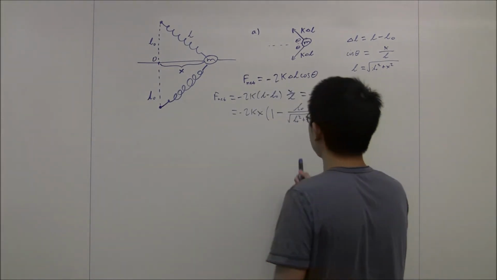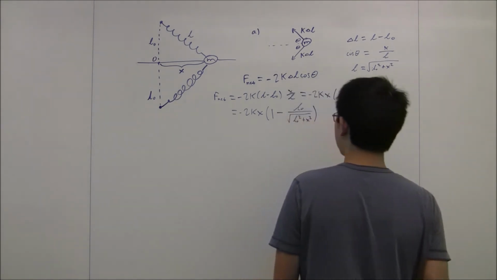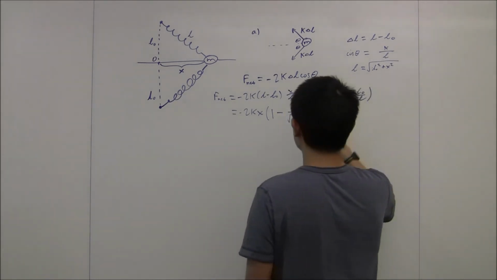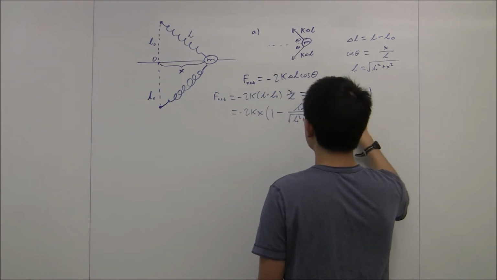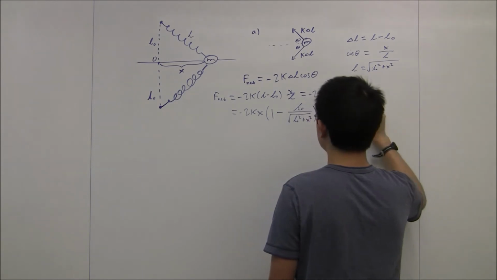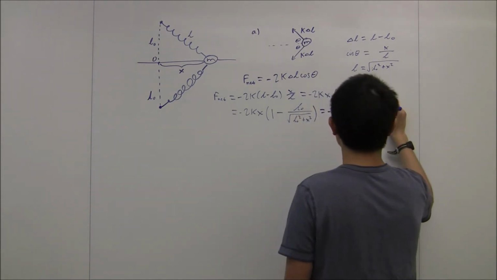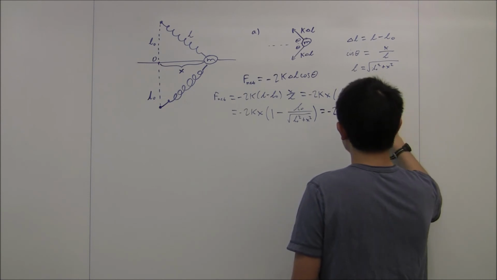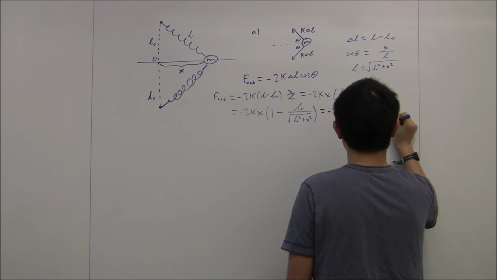Now notice that we can factor out a factor of L0 from the square root side. So that would leave us with negative 2kx times 1 minus, and the L0's will cancel, so we get 1 over square root of 1 plus x squared over L0 squared.